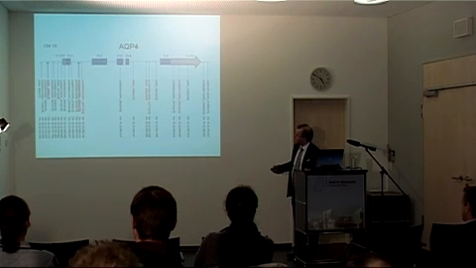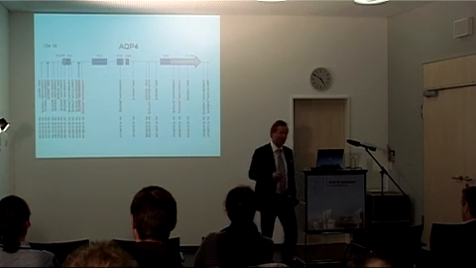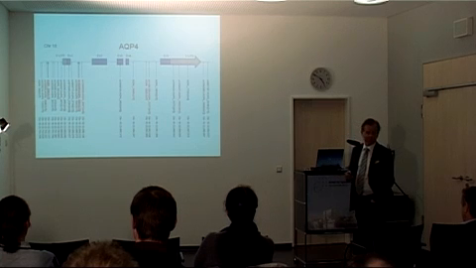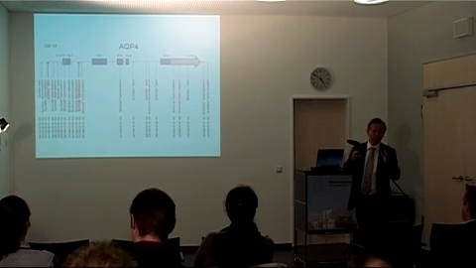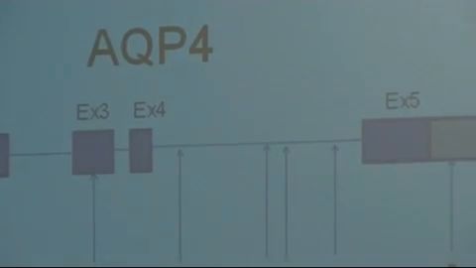Unfortunately, the SNPs that are of interest here are not in the coding region of the Aquaporin 4 gene. So we still don't know exactly whether there is any functional link between these SNPs and the epilepsy. So this is something that has to be worked out. Unfortunately, we don't know enough, for instance, about the promoter region for the Aquaporin 4 gene.